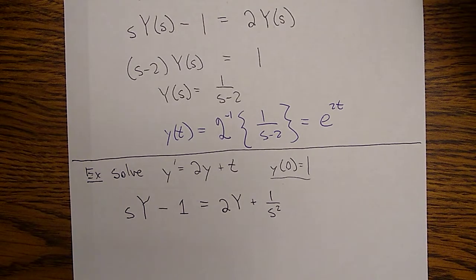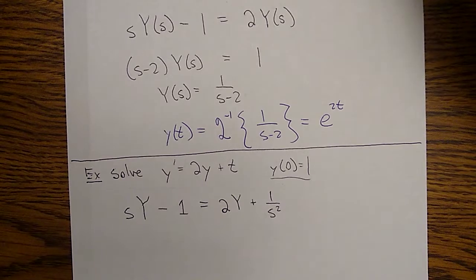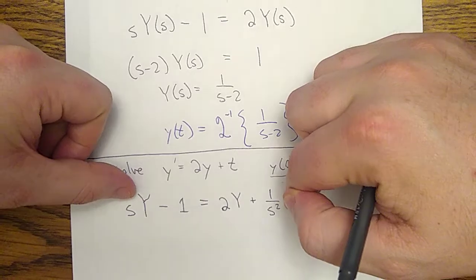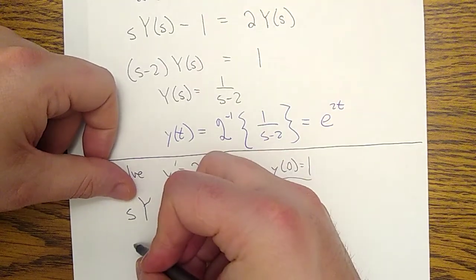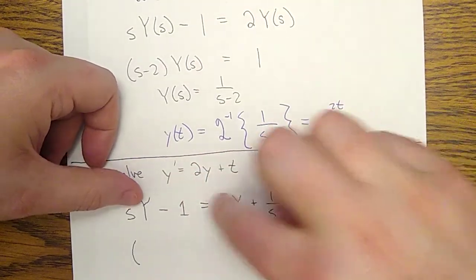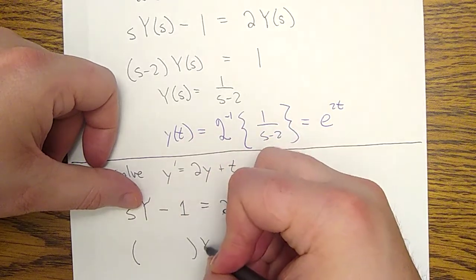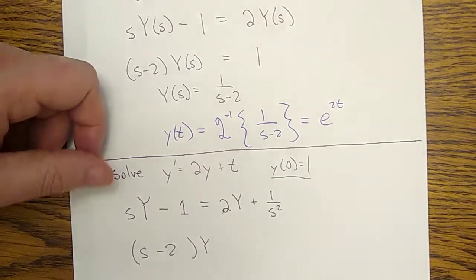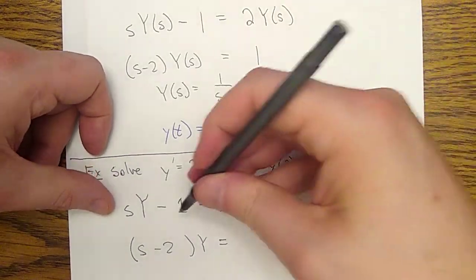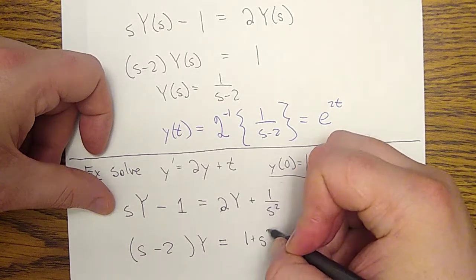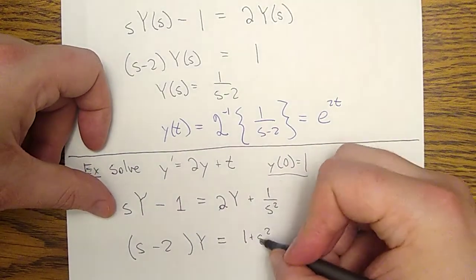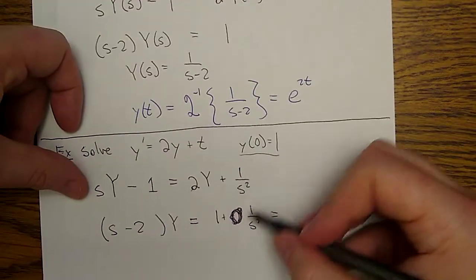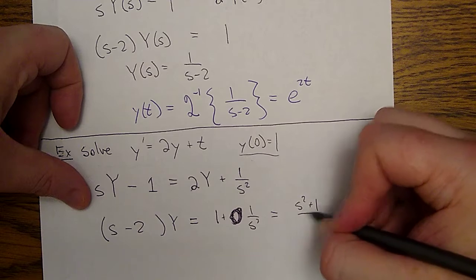So once again, this is now like a little algebra problem. I'm going to get all my y's on the left, and everything that doesn't have a y on it I'm going to get on the right. So on the left I'm going to factor out the y. So on the left I would have s times y minus 2 times y. And on the right I would have 1 plus 1 over s squared, which if I get a common denominator is s squared plus 1 over s squared.